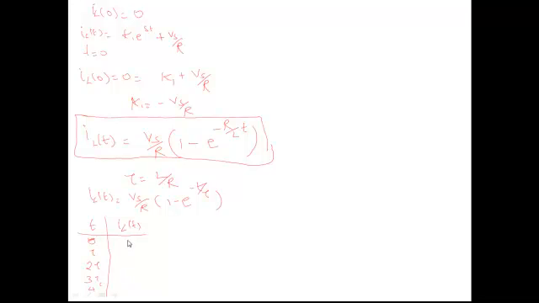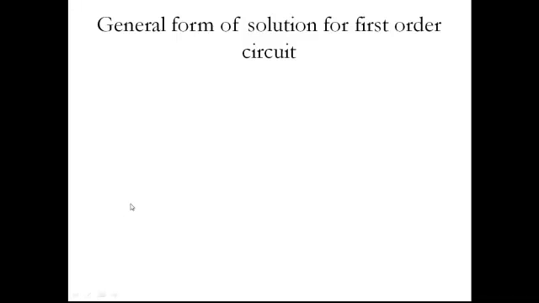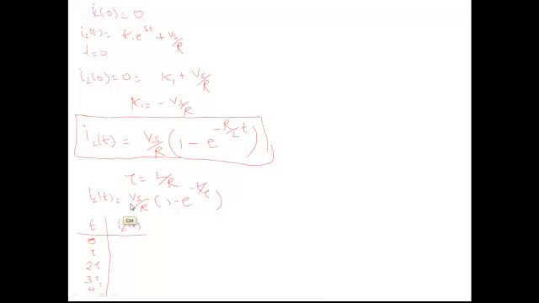At time t equal to 0, this equation will become 0 because e power 0 is 1, so 1 minus 1 will give you 0. Therefore, at t equal to 0, you get 0.